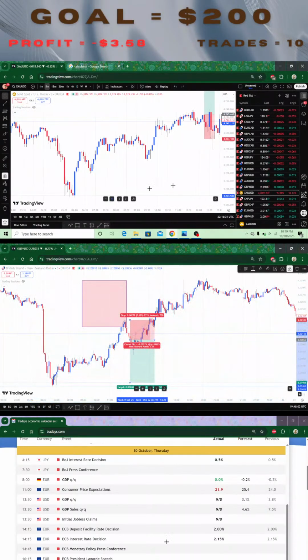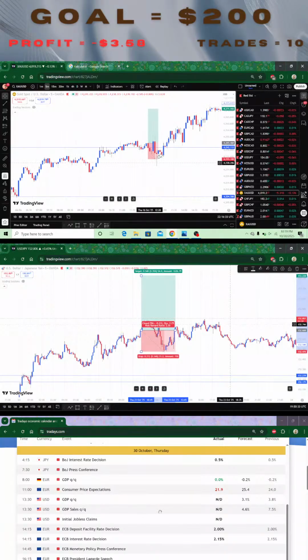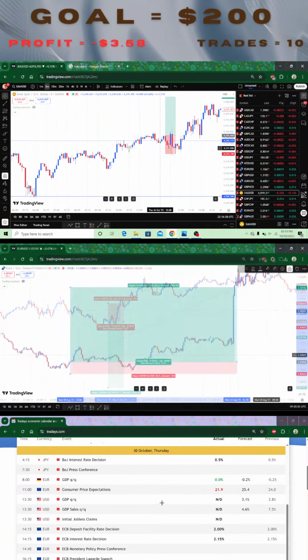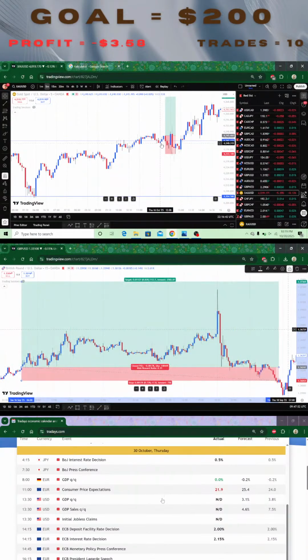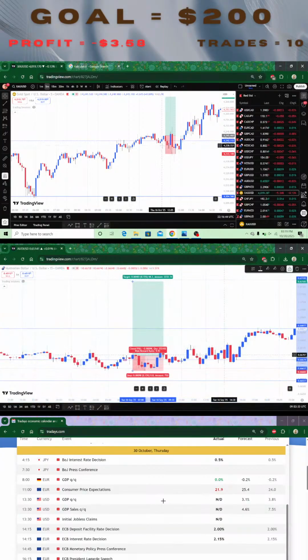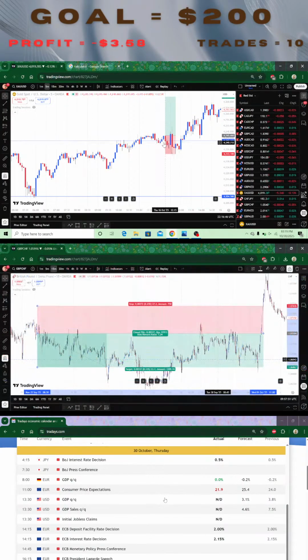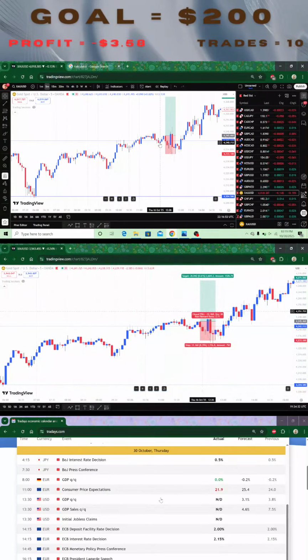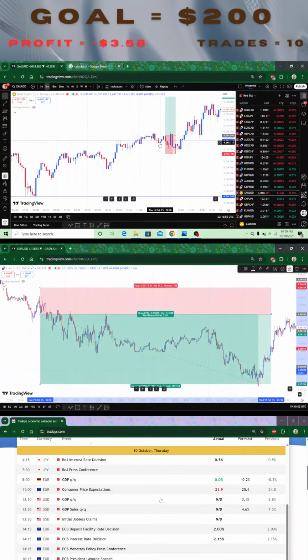Okay, now this is a 5 minute time frame. The strategy was that it breaks below here. A bearish candle must open and close below here, and once it does, the trade will be acknowledged.